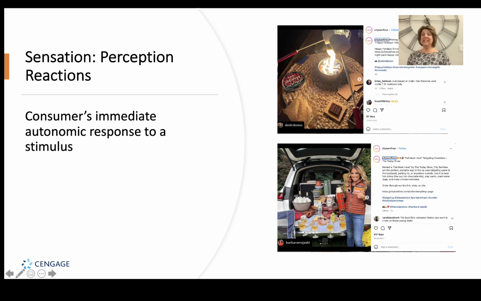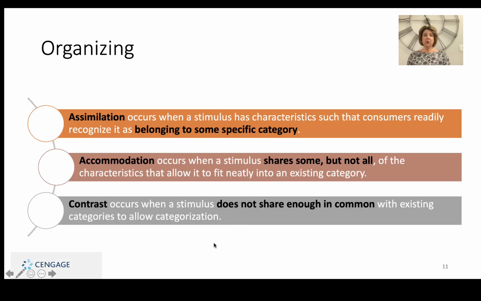And you can see that she's so happy here that she can make her s'mores in the back of her van.